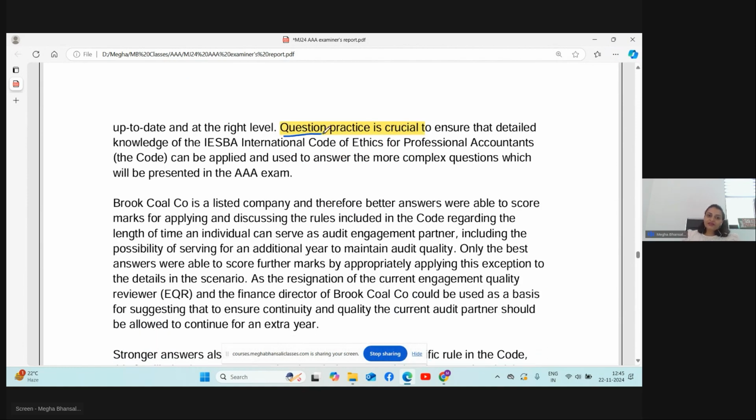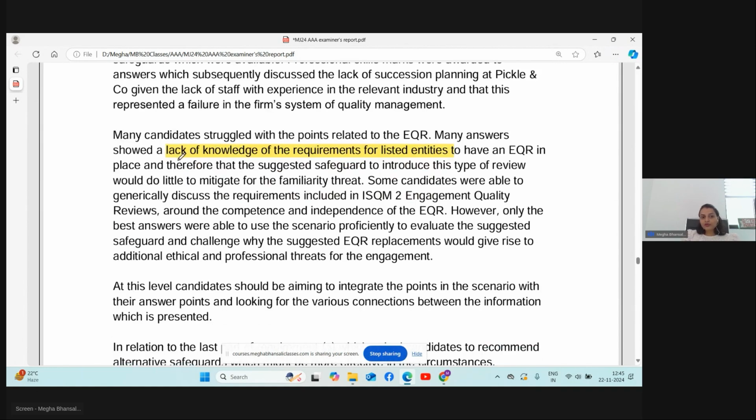Question practice is critical. Please practice a lot of questions. Practicing is the key to getting good marks in audit. Then they said they also felt there was a lack of knowledge of the requirements for listed entities. Students did not know the rules for listed entities and therefore could not elaborate on the ethical issues here.